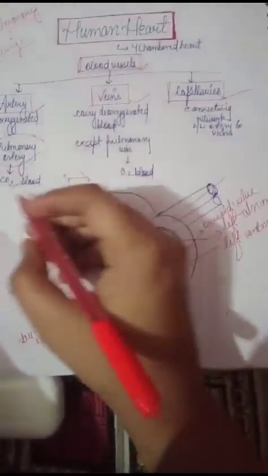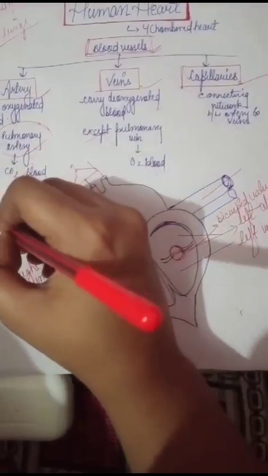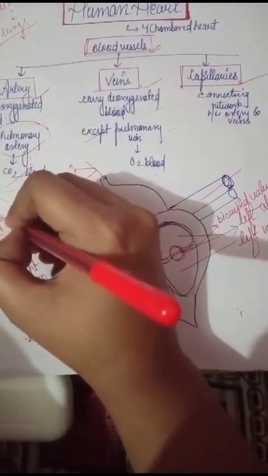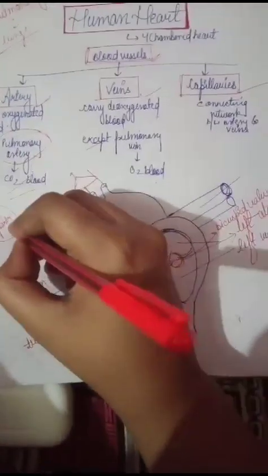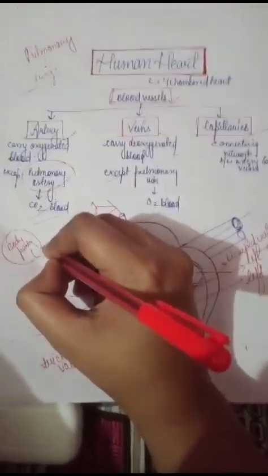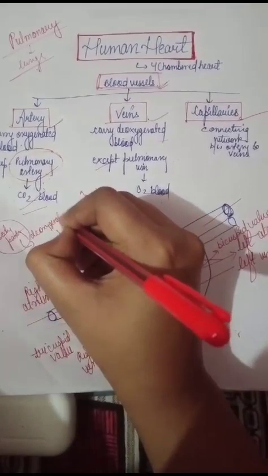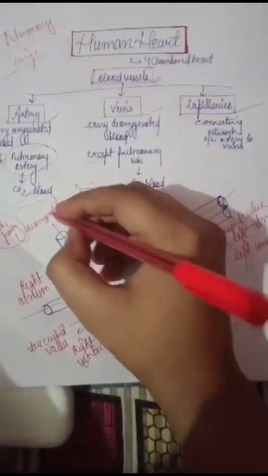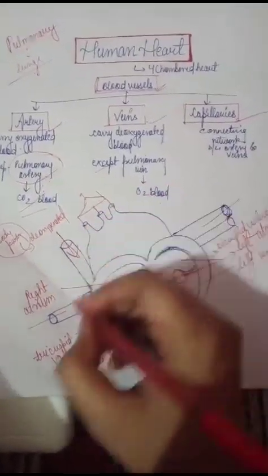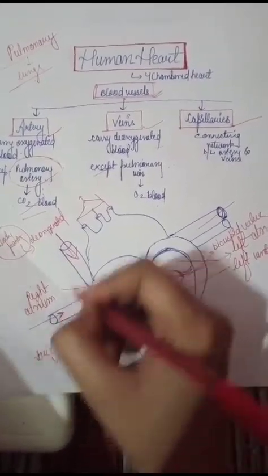As I said, from the body parts, the used blood, that is deoxygenated blood, comes to our heart through these tubes.